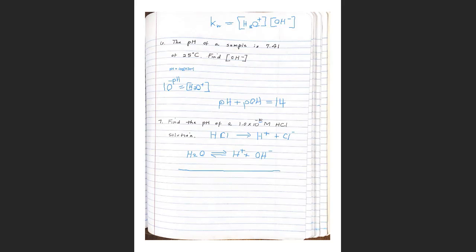Once again, this is a liquid, so concentration, we're not going to worry about that, but that's going to be minus X. But the initial concentration of H plus is not 0 here because of that 1 times 10 to the negative 10th molar HCl. The initial concentration is 1 times 10 to the negative 10th.